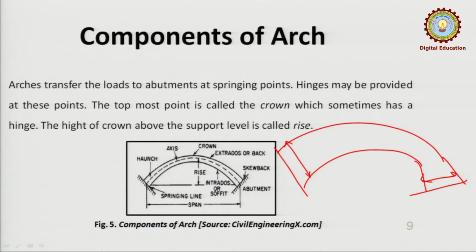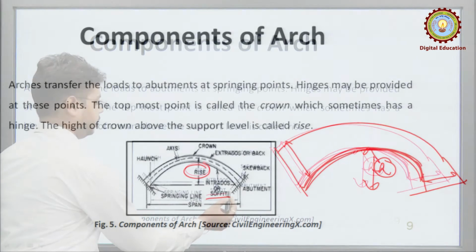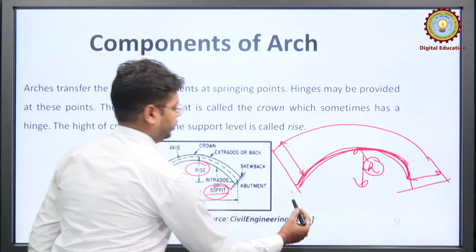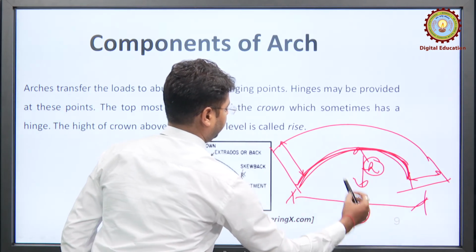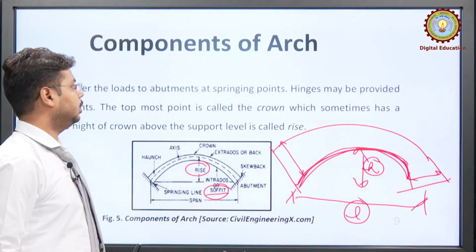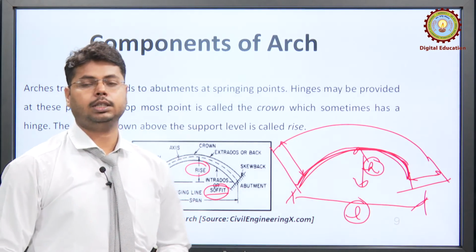This we call a haunch. As I told you, the height of the central portion is called rise, and the bottom portion of the beam is called a soffit, and the beam has a total span. Every beam has a span of L. So this was the components of arch.